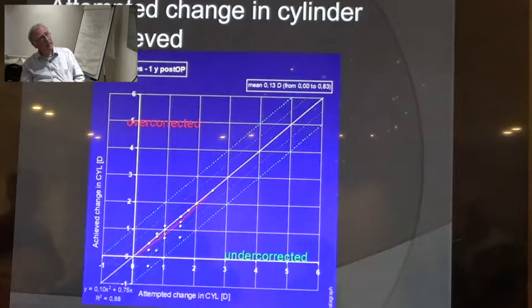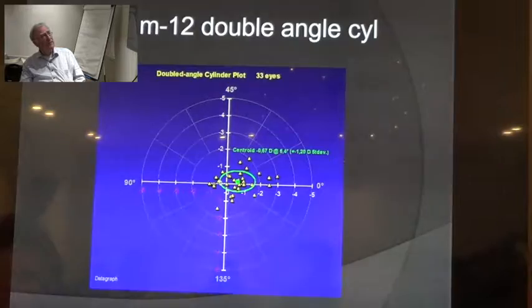This is the predictability of the cylinder, and the cylinder correction is much better than the pure hyperopia. For cylinder correction up to 2.5 diopters, it is in the line. In the hyperopia with 3.5, the undercorrection would start.